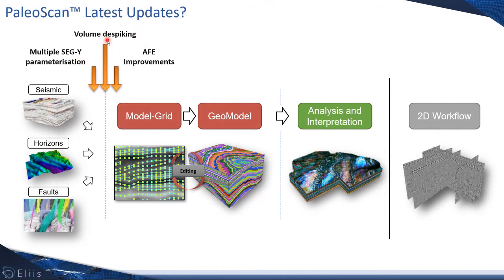Then once your volume is imported, you can apply some volume despiking. So in case you've got some spike values in the seismic volume, for instance, that prevent PaleoScan from displaying strange color bars that are just blank because of some spikes, you can despike your volume and remove the spikes.